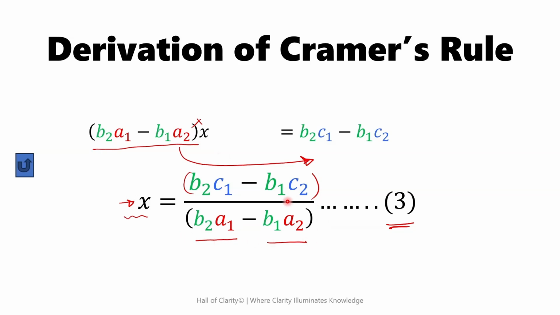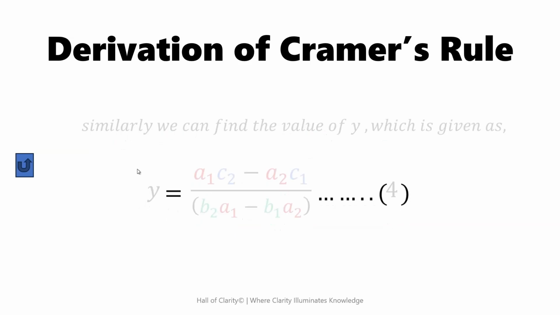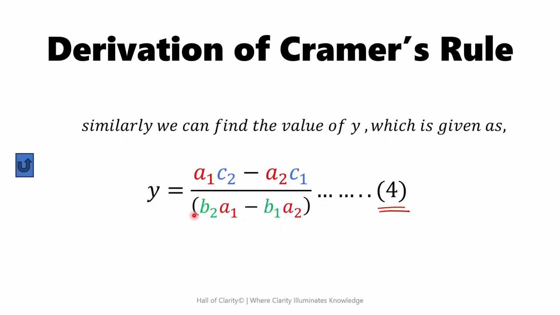Then we will consider this denominator. Now see here, the value of x and y has same denominator. How? See, this b2a1 minus b1a2 is denominator of the value of x, and the value of y has same determinant b2a1 minus b1a2. So first we will write down this b2a1 minus b1a2 in form of determinant.